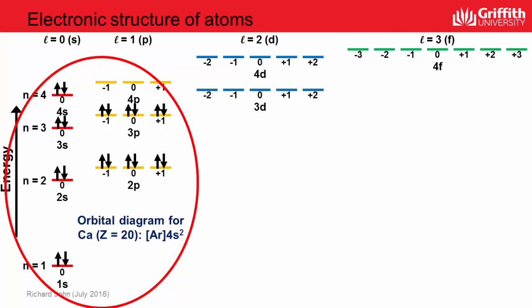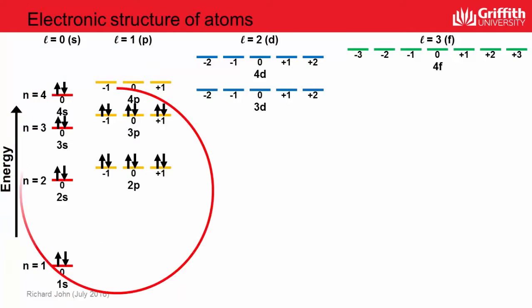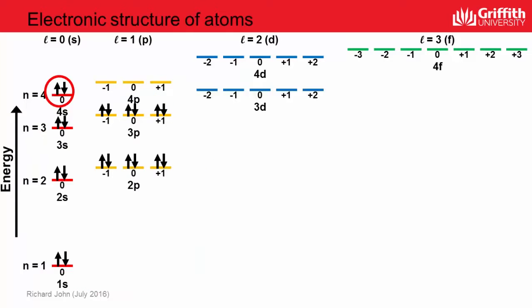So it has the argon core plus the 2 electrons in the 4s subshell. There we can see the argon core of 18 electrons, completely filled shells and subshells, and we know that argon is quite a stable element. And then we've got the 4s2 electrons to make up electrons number 19 and 20 in calcium.